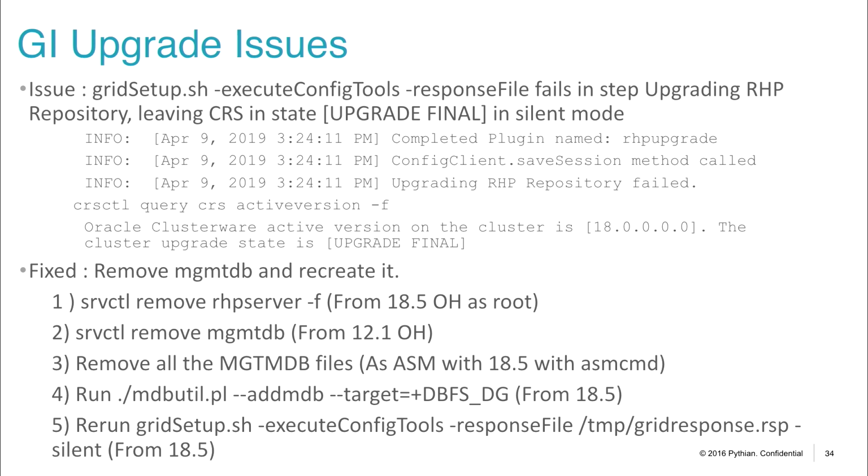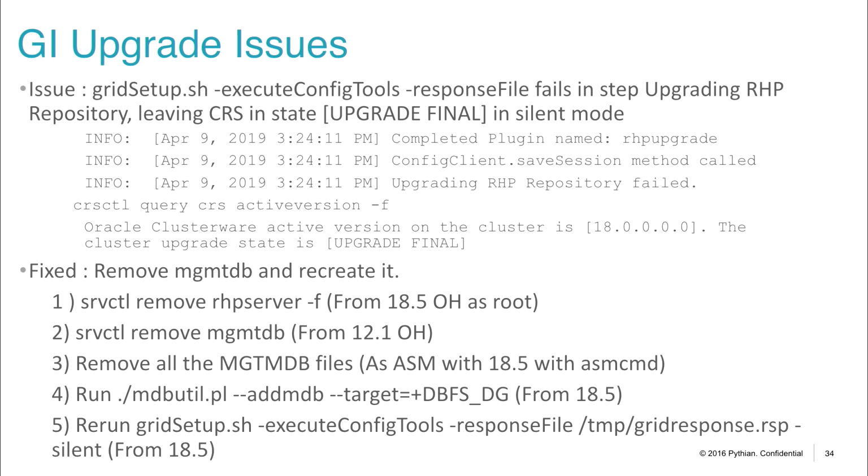What we found was that the management database was the one that was causing all of the issues. So what we did was remove the management database, remove the servers, the remote host server for the management DB.